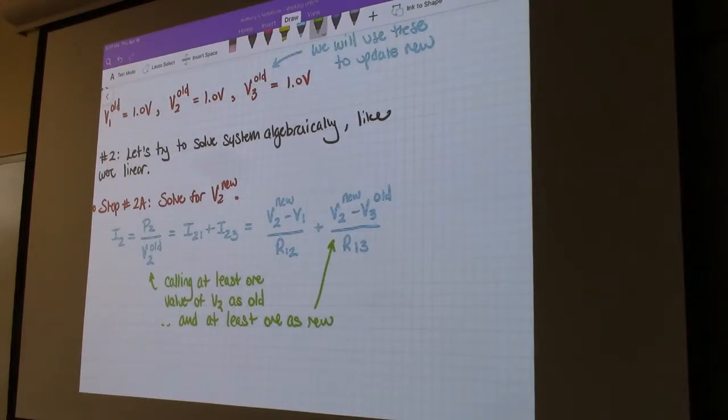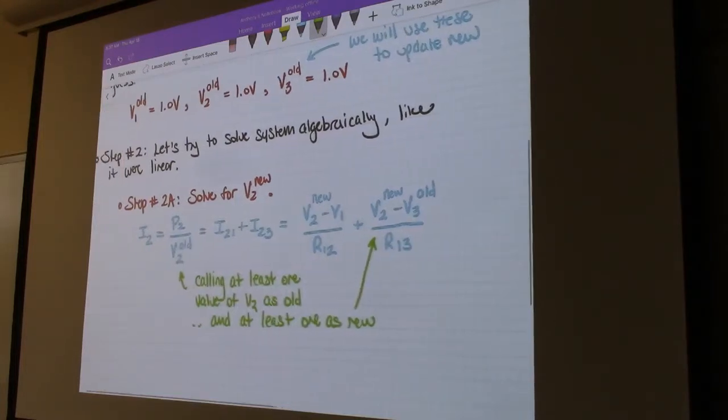We're going to call at least one value of V2 new. To tell you the truth, you can do it lots of different ways. We could switch it around. I could call the one in the denominator new and call the other ones old. I could use some different combination. It's not that it doesn't matter. It can be easier or harder to solve in some different ways. But we'll be able to solve it regardless.